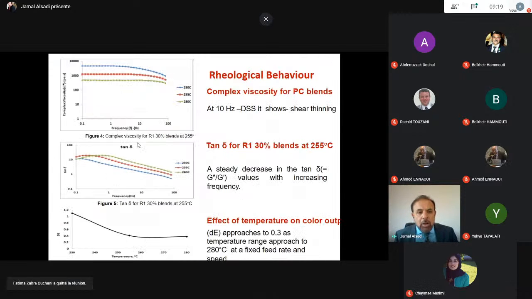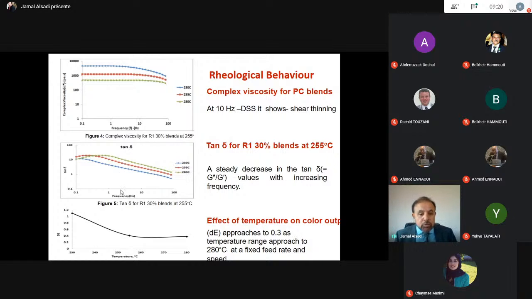Also, from this rheological test, we ran the three temperatures. As you see, when increasing the frequency, 280 shows lower viscosity and more shear thinning. All of them show shear thinning, but the maximum is when we increase the frequency and temperature.